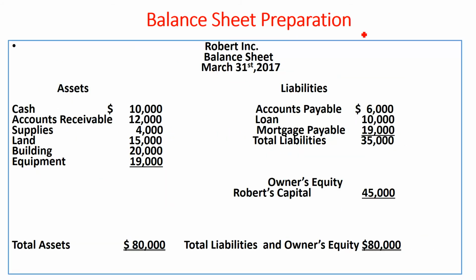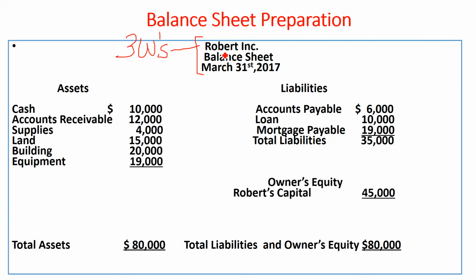So here is the balance sheet. In the first lesson we discussed this balance sheet in detail, but again I will explain quickly that at the top of any statement, whether you are making a trial balance, income statement, cash flow statement, or balance sheet, you have to write down three W's. The first one is who, the name of the business or name of the person.